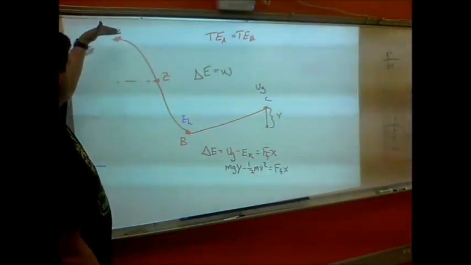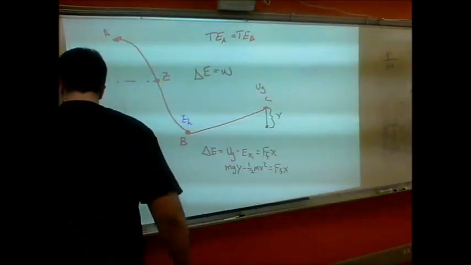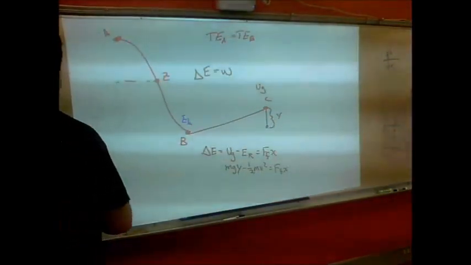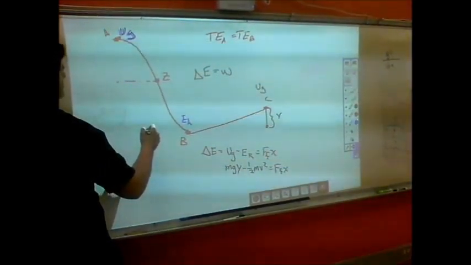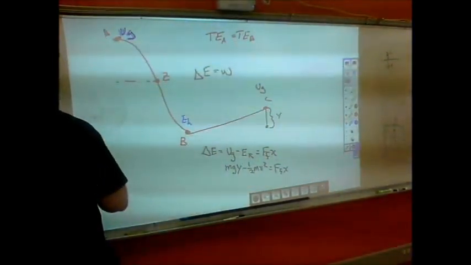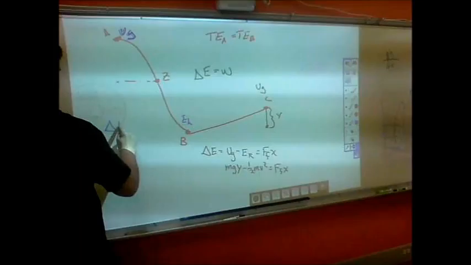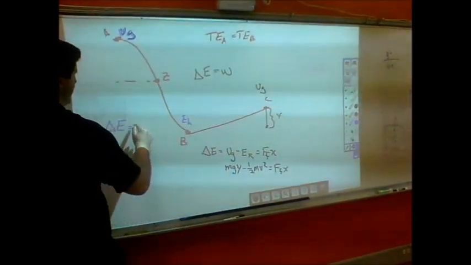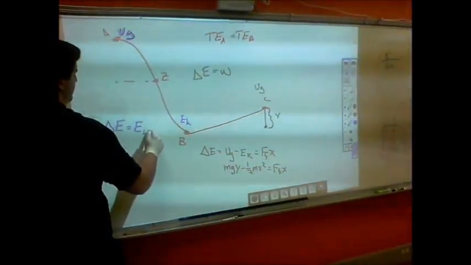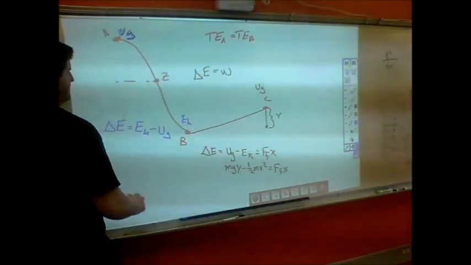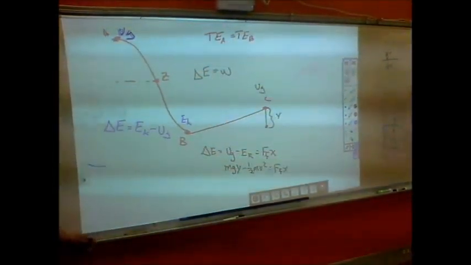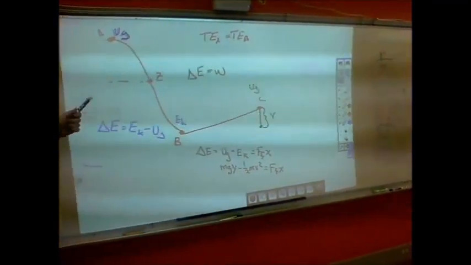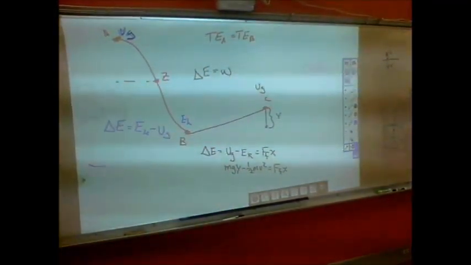So when you go from A to B, delta E equals the EK at the bottom minus the UG at the top. So you start out from there, solve for the work, solve for the force from there. Or just solve for the work at that point.